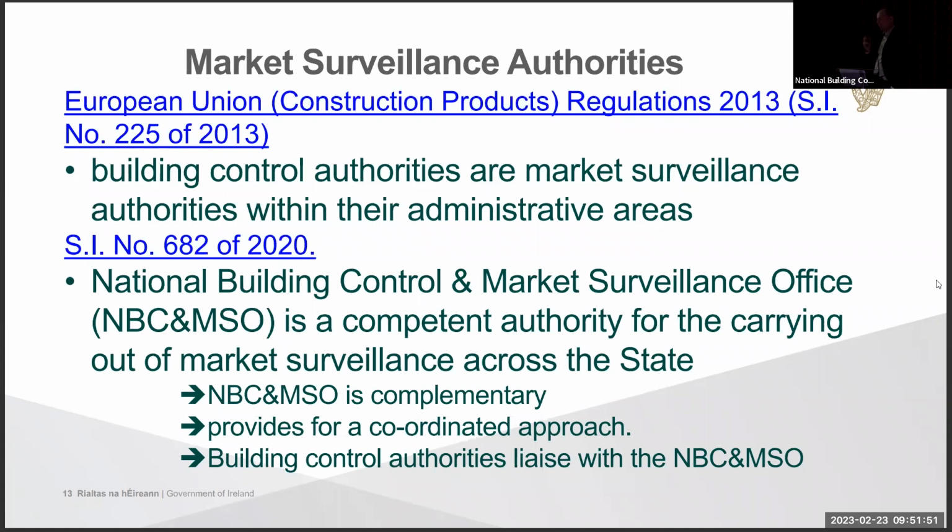It doesn't displace the requirements of the 31 local authorities. They are bringing a coordinated approach to the system of market surveillance across the country. I suppose the intent is that the building control authorities in the specific local authorities will liaise directly with the MBC and MSO to bring issues that may affect the nation in terms of market surveillance to their attention.